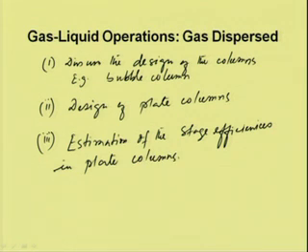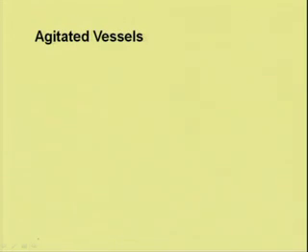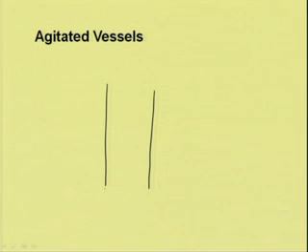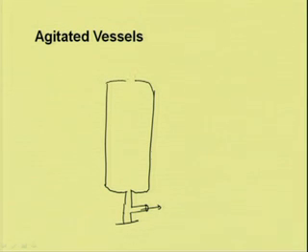So, let us discuss first the simple equipment for gas dispersed, which is agitated vessels. The schematic of the agitated vessel we can draw. So, this is a simple vessel which is fitted with impellers.